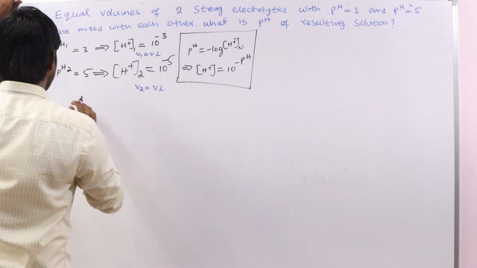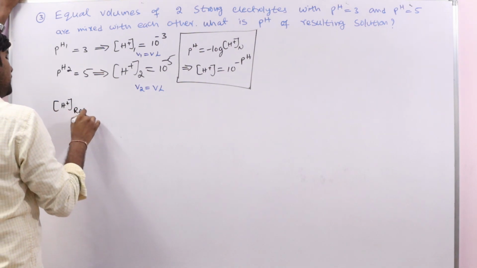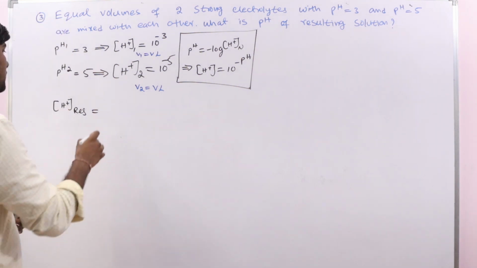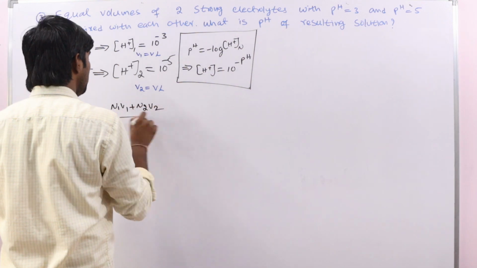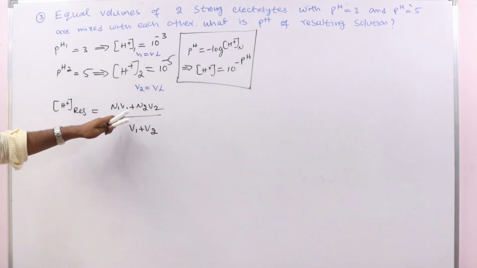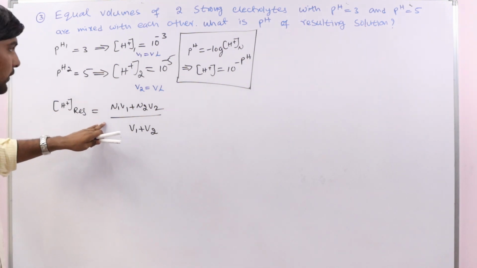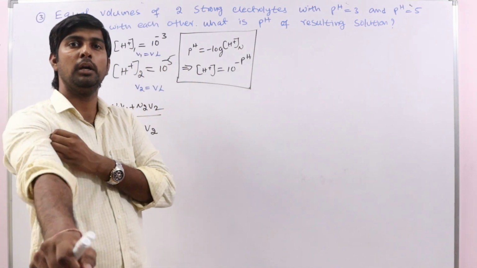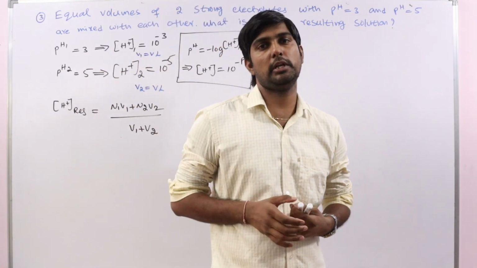So here H plus ion concentration in the resultant solution, or in the mixture, is equal to, what is the formula? N1V1 plus N2V2 by V1 plus V2. Already we discussed this formula, how we are getting this when two strong electrolytes are mixed, that is two acids or two bases, in the previous lectures.